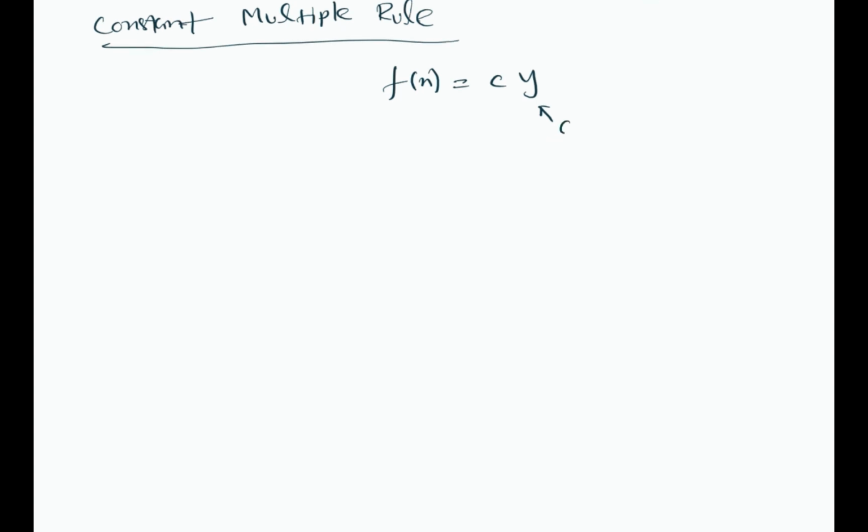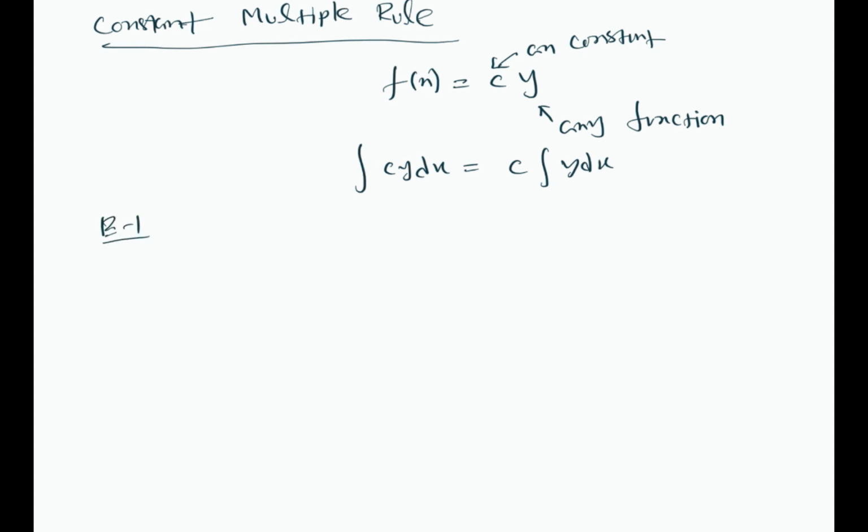This y is any differentiable function, and c is a constant, any constant. So the integral of cy is equal to, first we can factor out this constant from the integration. So we can write c times the integral of y dx. Okay, so let's do some examples on this rule.